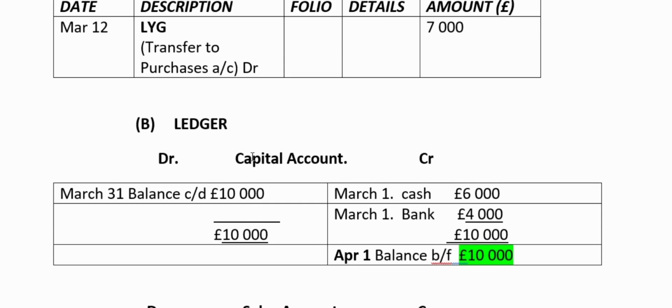So let us start. Capital account, we have March 1st cash for 6,000 and bank 4,000. So total capital invested was £10,000. On the credit side, as mentioned, debit side of the cash book. Now in the ledger, it is found in the credit side.